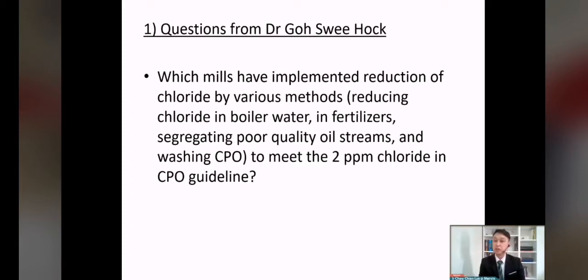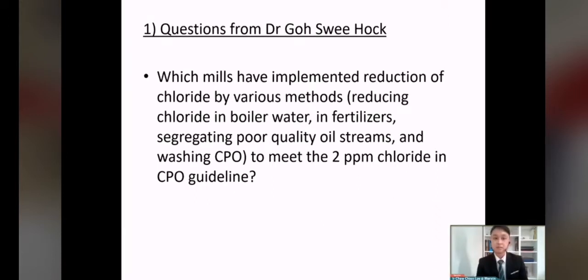In terms of CPO washing, in our company, we actually tested in commercial scale trials, but we are yet to implement it. But I believe Ir. Sham's company has been doing that, through his presentation, right?